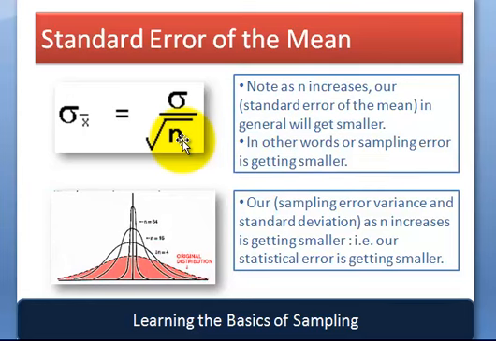Now, another way of saying less and less and less standard error is we become more and more and more confident in our prediction. Because if there's very little standard error or variance or standard deviation around our mean, then we're more confident in our prediction.